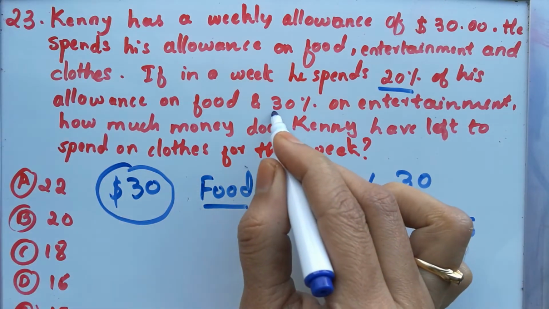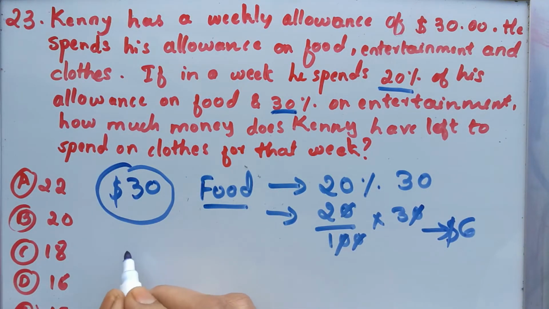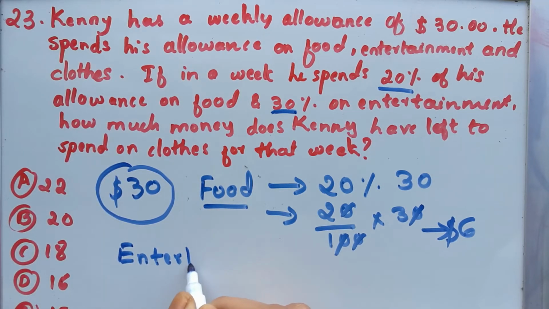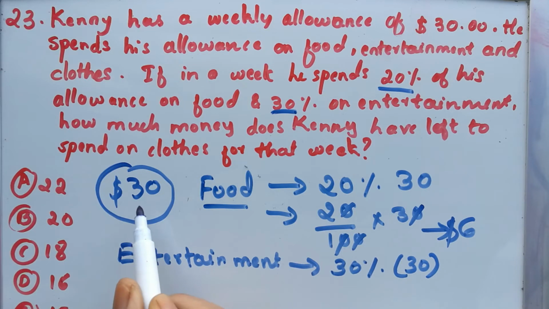And he spends 30% on entertainment. On entertainment, he spends 30% of 30. He has $30. He spends 30% of 30 on entertainment. What is 30% of 30?